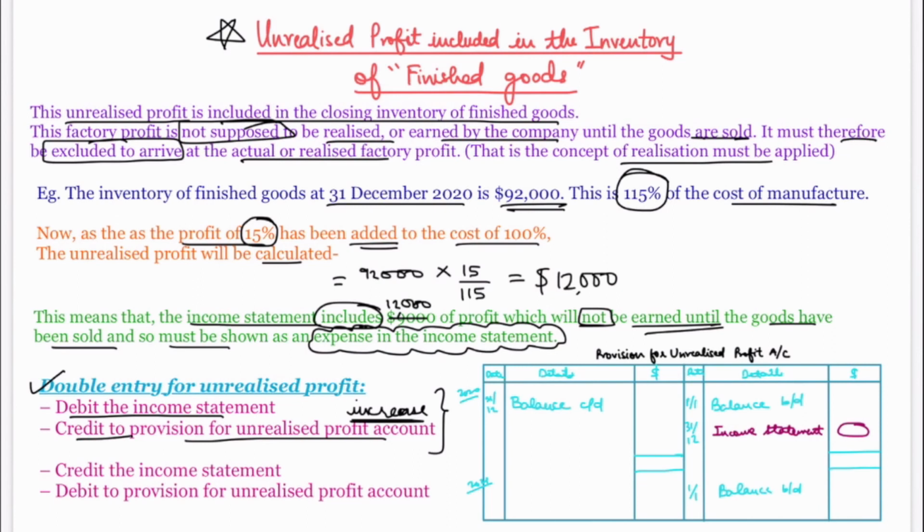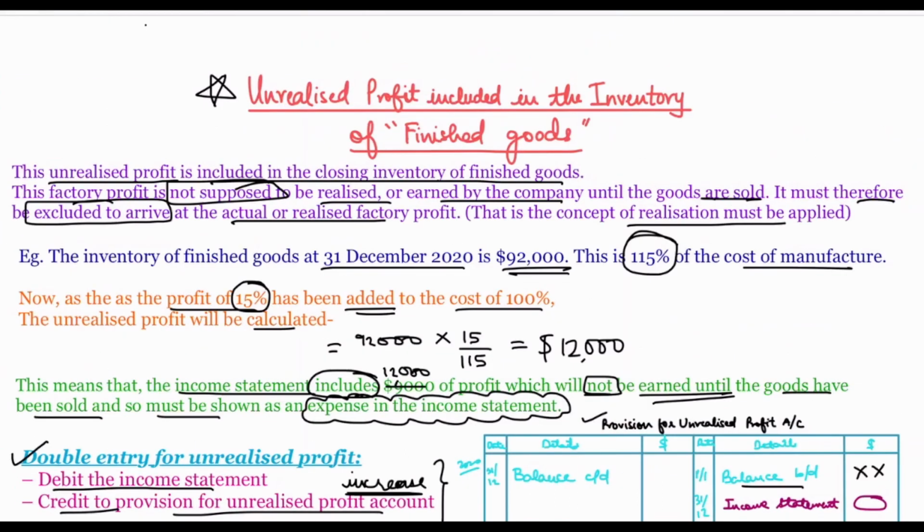The opposite of this, that is, credit the income statement and debit the provision for unrealized profit account, will be done when there is a decrease in the provision for unrealized profit. These debits and credits will be with the amount of increase or the amount of decrease.